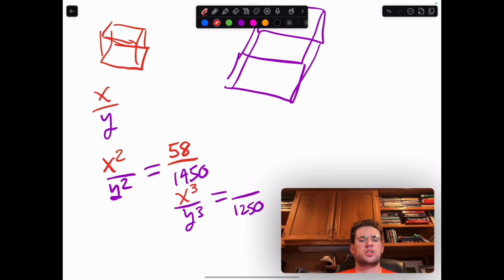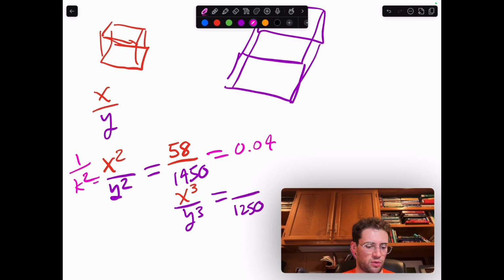Well, first I'm just going to figure out the ratio of these, which is equal to k squared, which would be, let's see, 58 over 1450, or 1 over k squared, I guess, in this case. So that's 0.04. If you want to find k, then 1 over k would be equal to the square root of that, so 0.2.